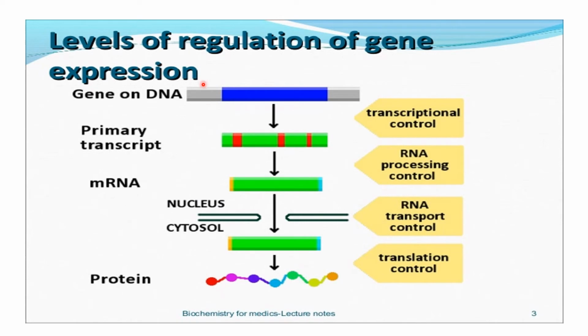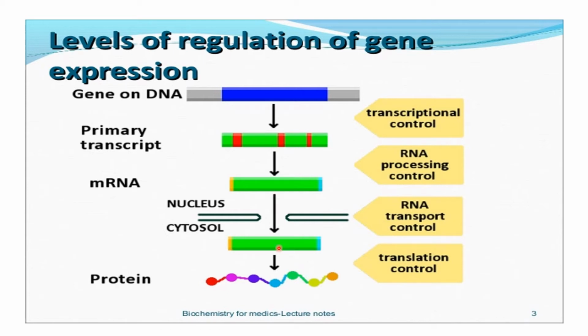There are different levels of regulation of gene expression. It may be regulated at the transcriptional level, but the primary transcript undergoes post-transcriptional changes, so it may also be regulated at the post-transcriptional level. In the cytosol, there is translation.